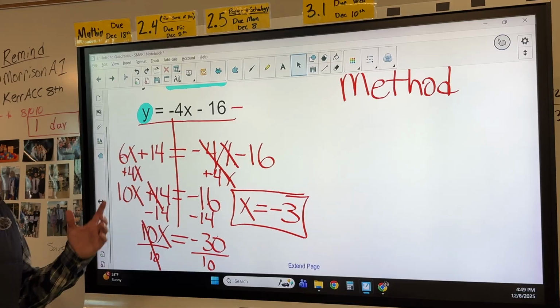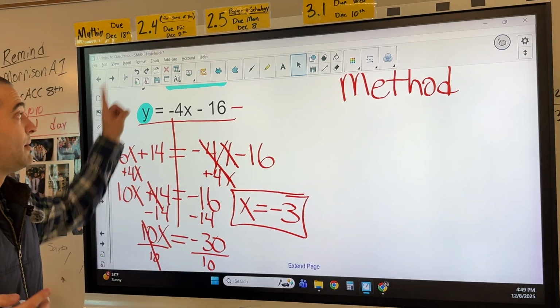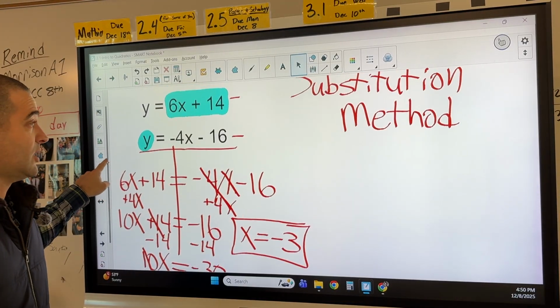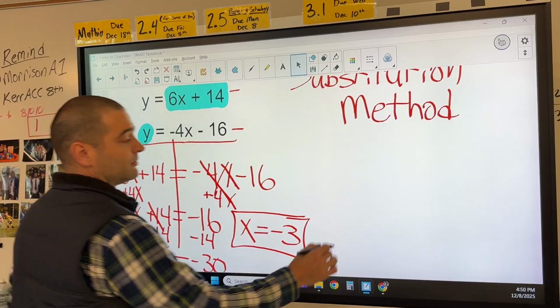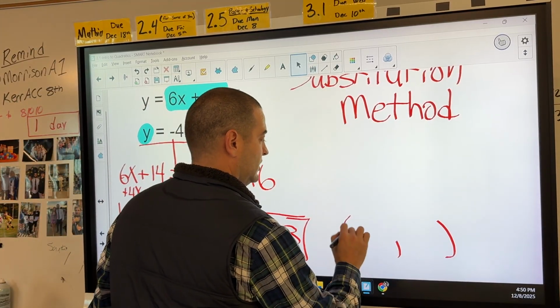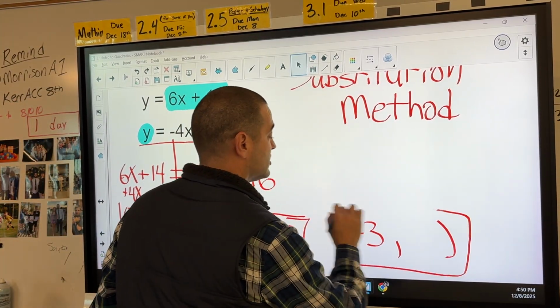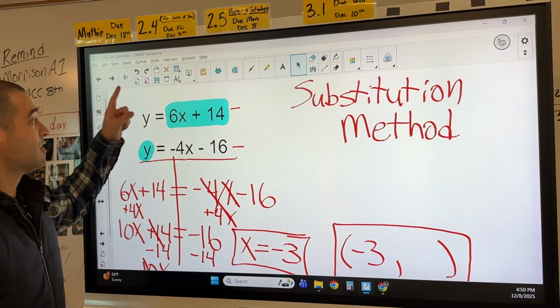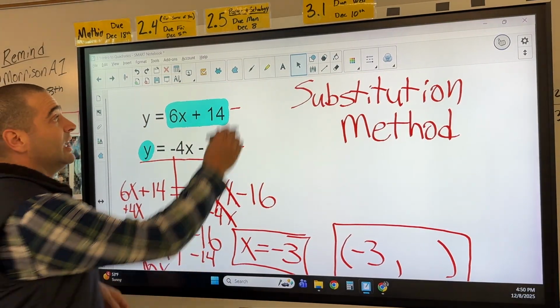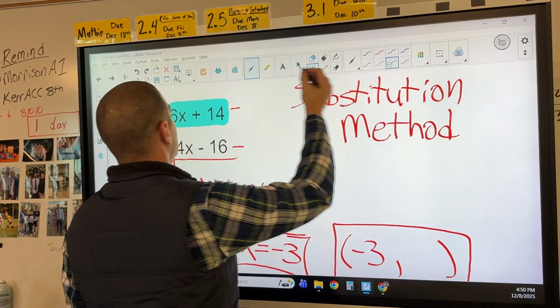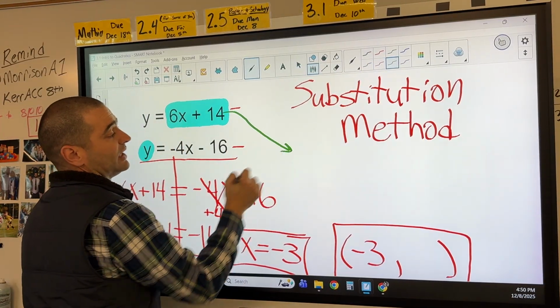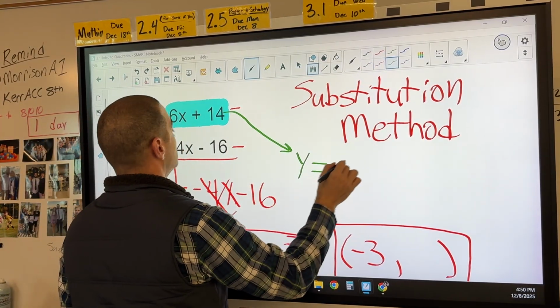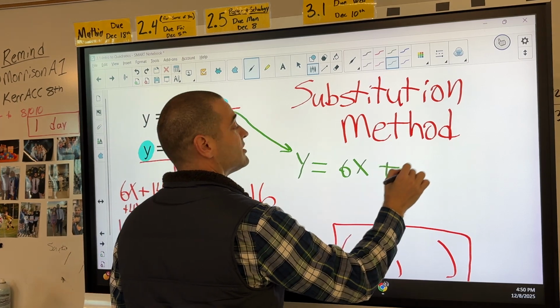This is half of our answer, not our full answer. Because remember, our full answer needs to be the x and y that make both equations true. So if I know x equals negative 3, I know this is going to be my solution once I find the y. So we're going to come back up to either one of these equations. It doesn't matter which one. I like the top one. It's positive, nicer to work with. I'm going to bring it down here. y equals 6x plus 14.